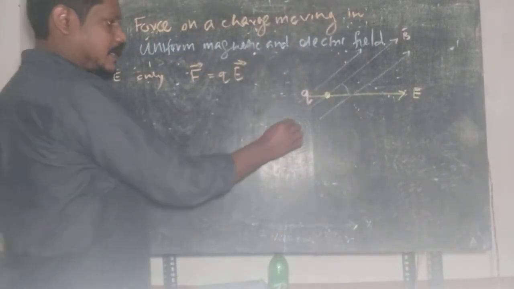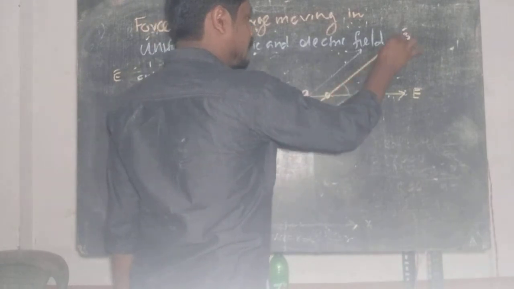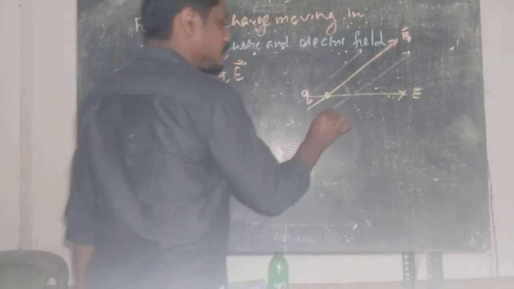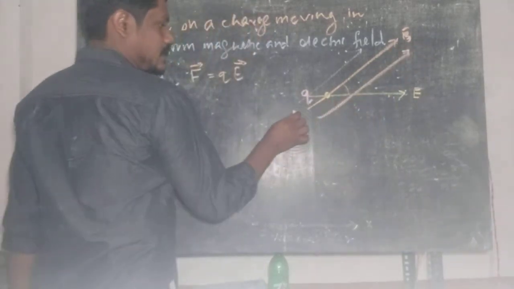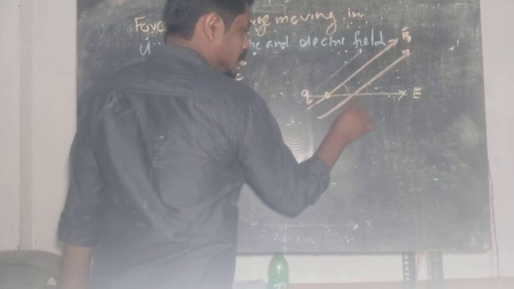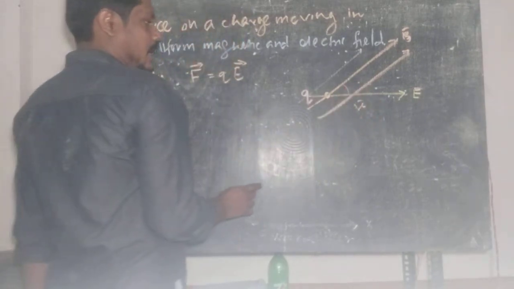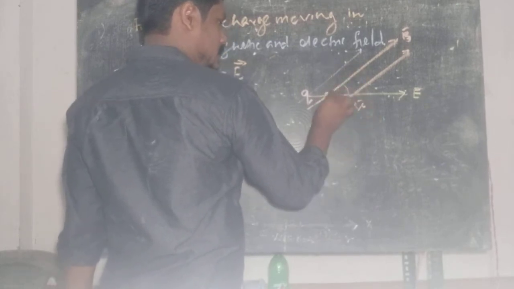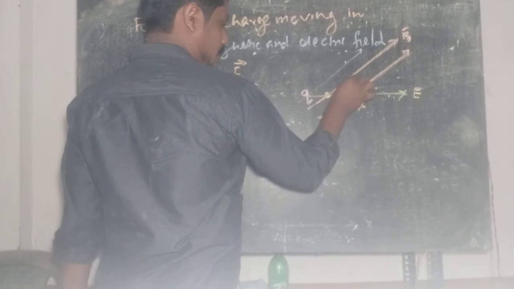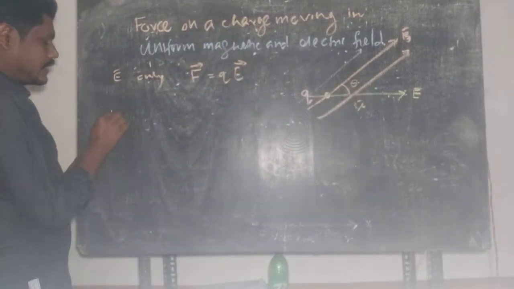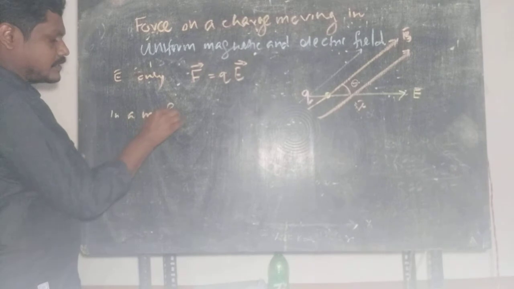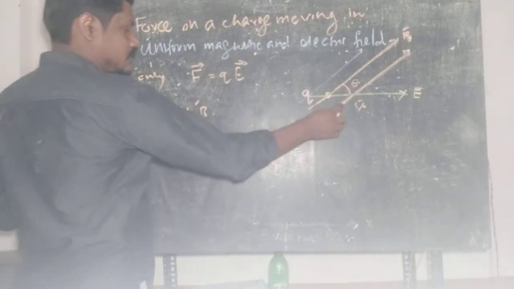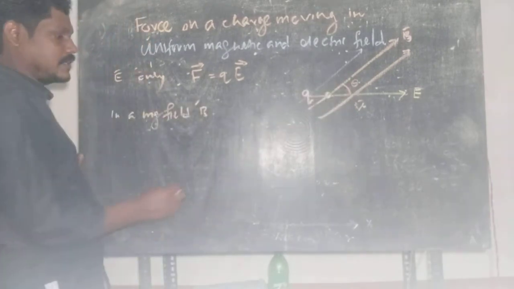Now, in the same space, we are setting a uniform magnetic field of intensity B, such that this charge is moving with a velocity V, and the angle between the direction of motion or velocity and the direction of the magnetic field is theta.